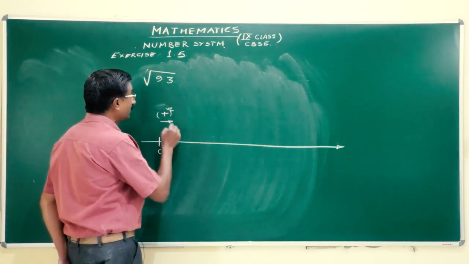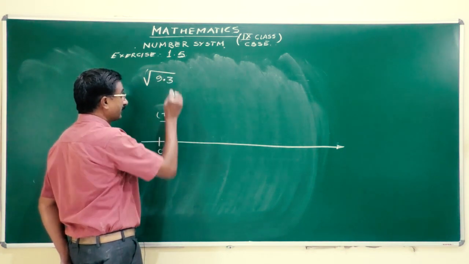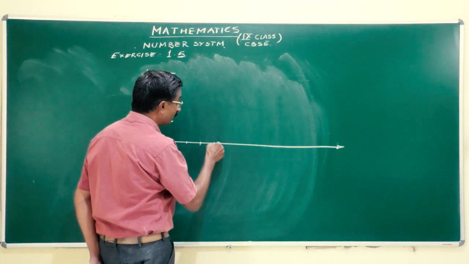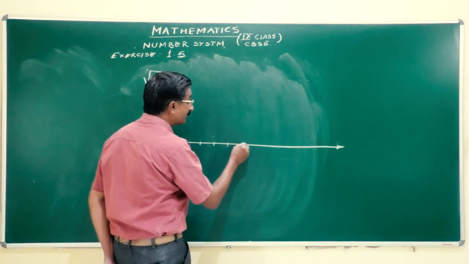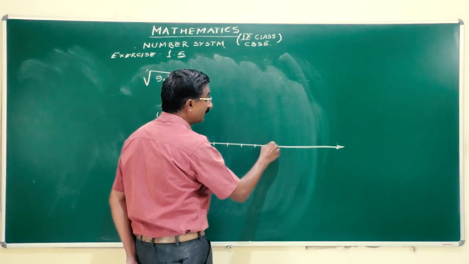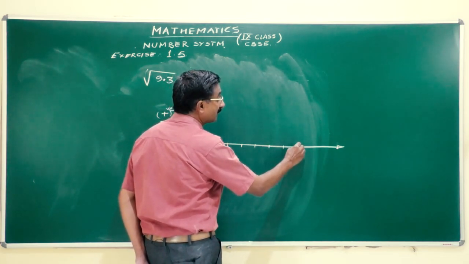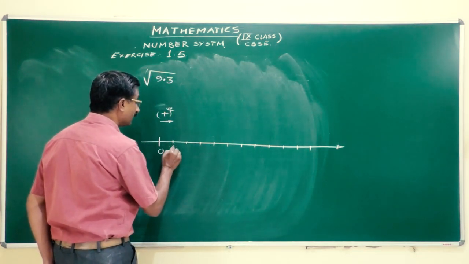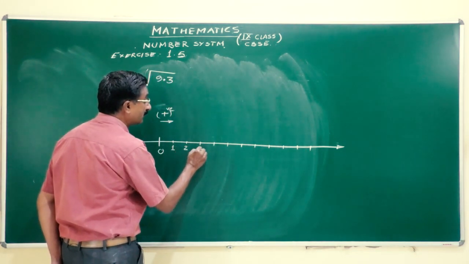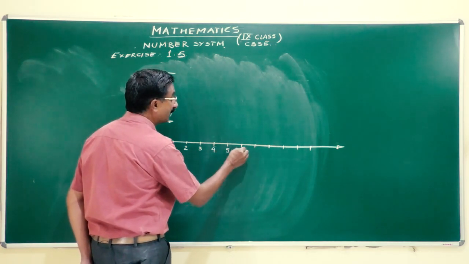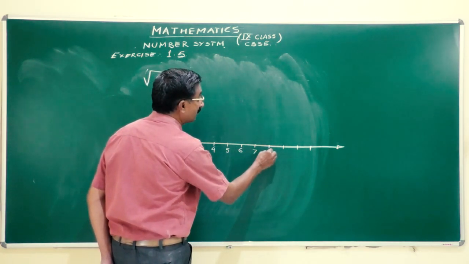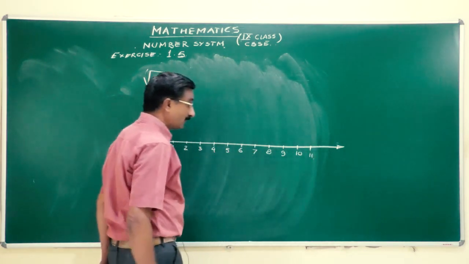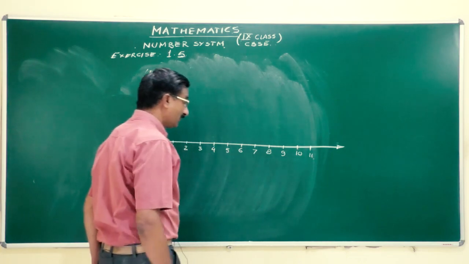So 9.3: 1, 2, 3, 4, 5, 6, 7, 8, 9, 10, 11 and so on up to infinity.